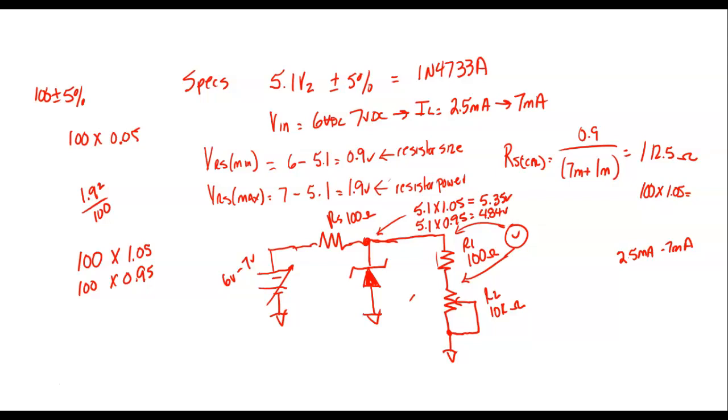And I think that's what the design calls for. That's a K, sorry. So there's our circuit. It should be between 5.35 and 4.84. If it's between that range, then this Zener's fine, right? You understand that?